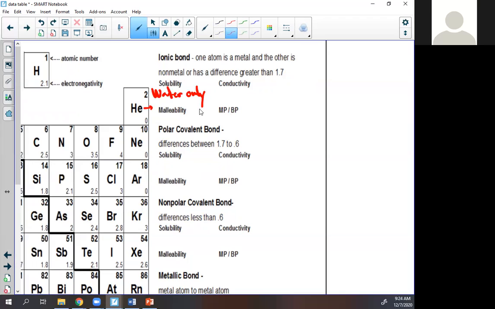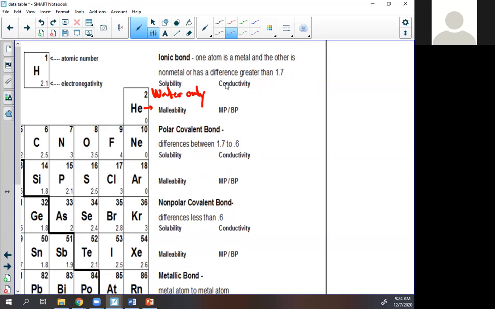I'm going to name water. So a test question, the way it'll work, you'll have to do the math and you'll figure out, hey, NaCl is an ionic compound. And then the test question will ask, does it dissolve in water, hexane, both, or neither? And your answer would be water. Easy enough.